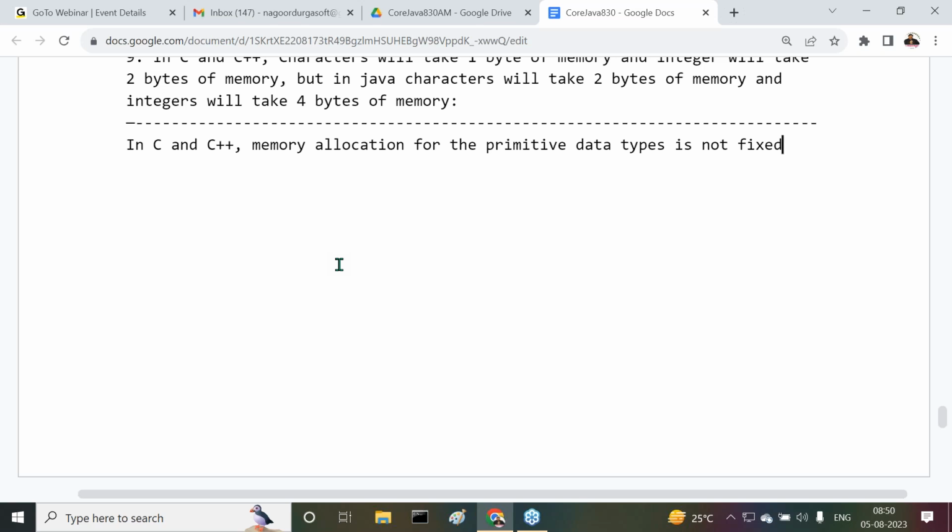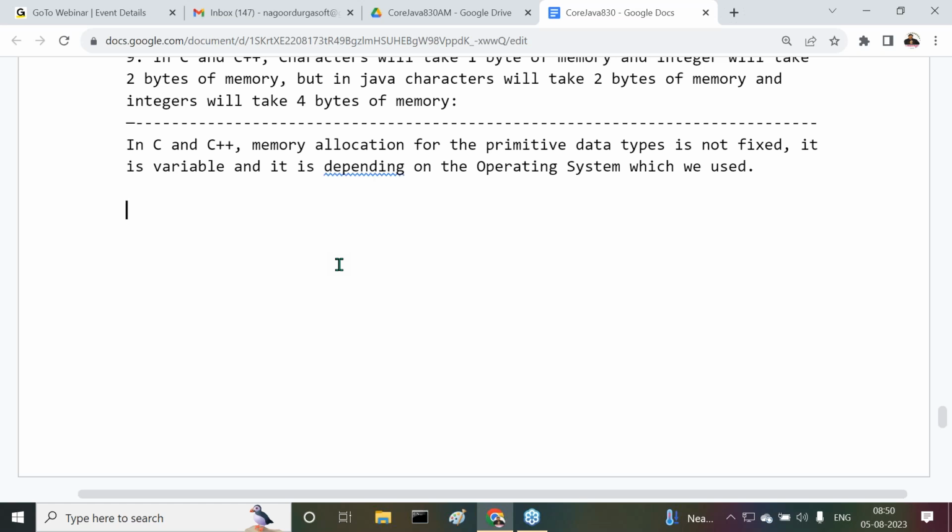It is variable, and it is dependent on the operating system which we use. There is no standardization for it.